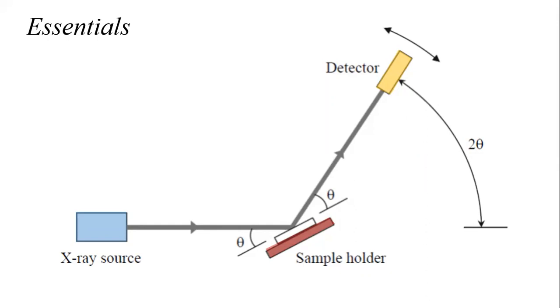Three components we have: the X-ray source, which is this one, the sample holder, which is this, and the detector, of course, which is going to be moving in this angle, two theta.